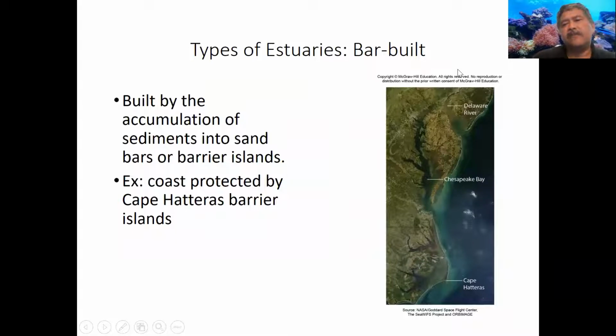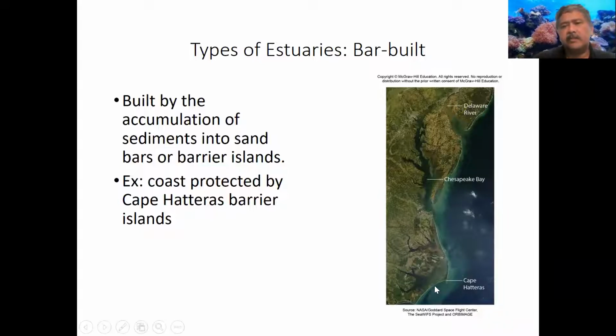Here's another one off of North Carolina, Cape Hatteras. These are called barrier islands. If you have a region like this, the area behind the barrier island, and here's the Chesapeake Bay that we saw in the previous slide, but the barrier islands are a little bit further down on this photo right there. There it is, Cape Hatteras right there.